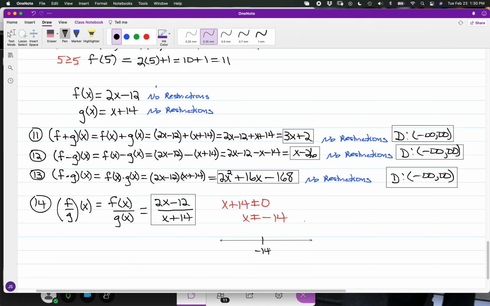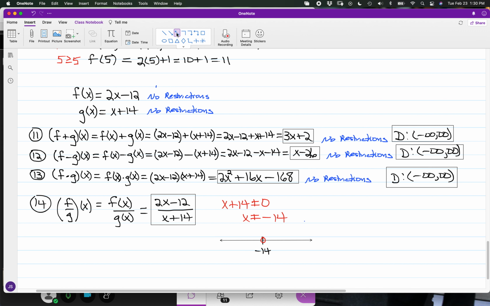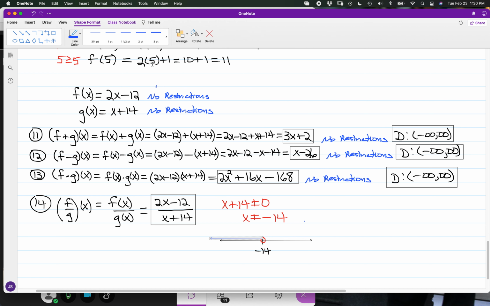So negative 14 is left out, and we have everything else from the real number system to make up the domain.